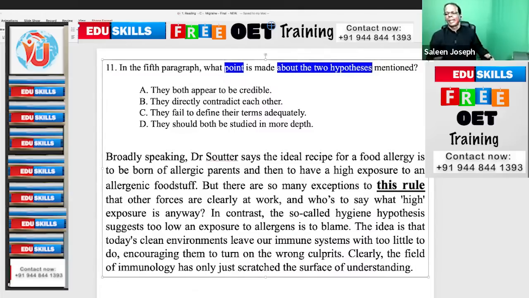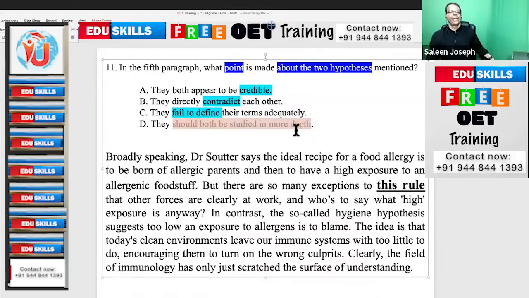Definitely, there will be some transition words used. Options: they both appear to be credible; they directly contradict each other; they fail to define their terms; they should both be studied in more depth.